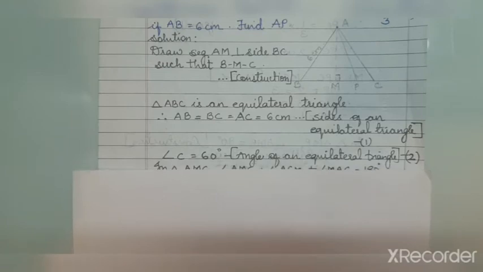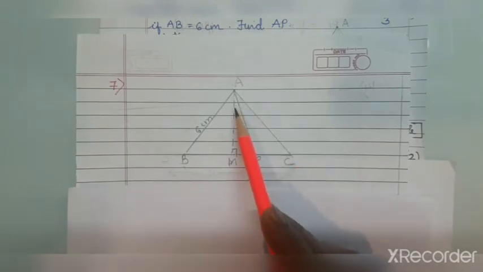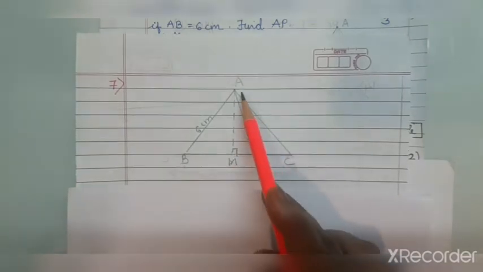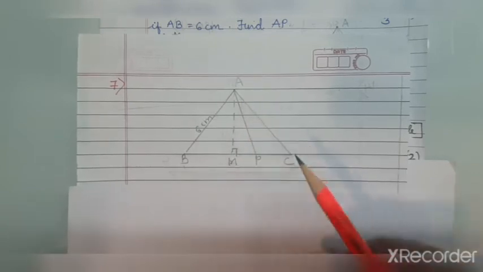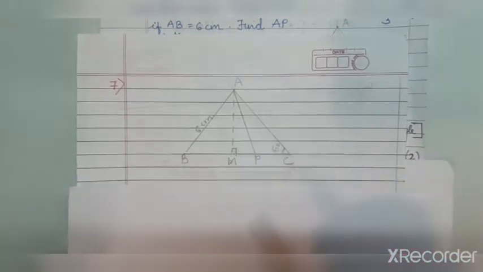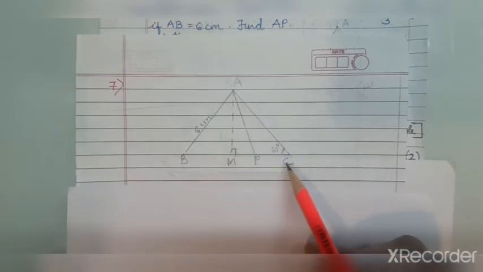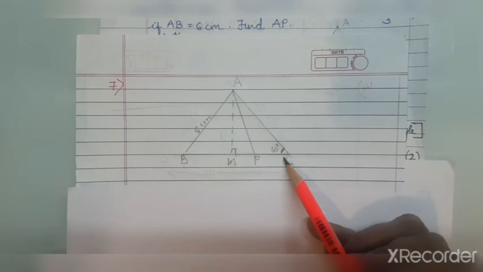Now each angle of the equilateral triangle is equal to 60 degrees, so we will write angle C is equal to 60 degrees. We are mentioning only angle C because we just want to mention first the triangle AMC. In triangle AMC, angle C is 60 degrees.